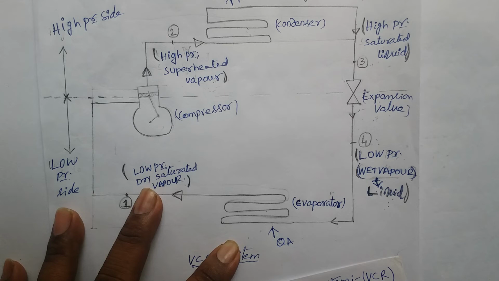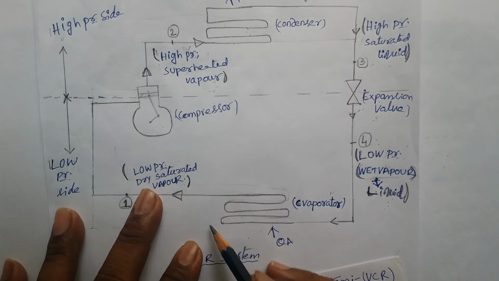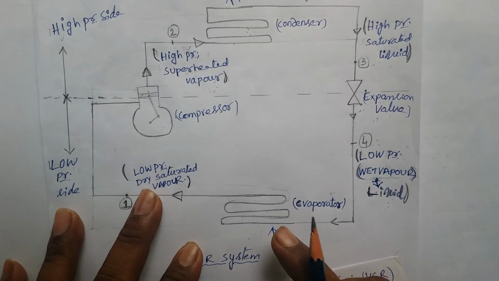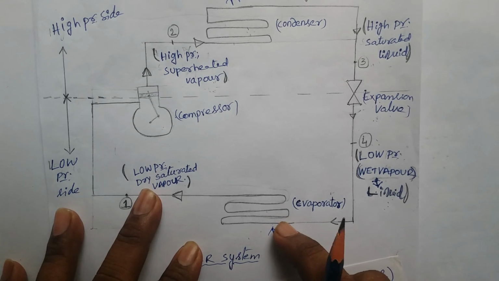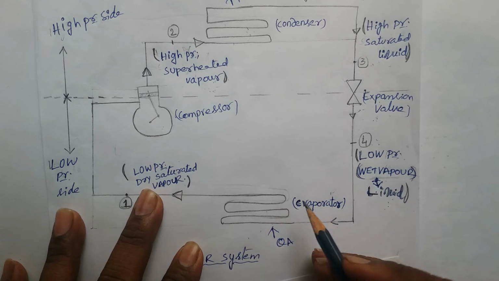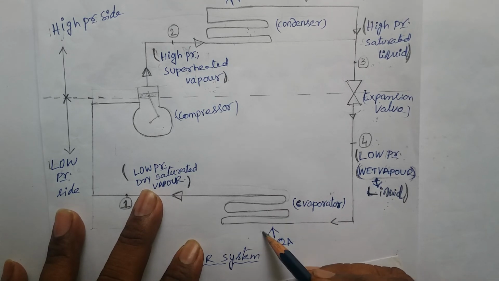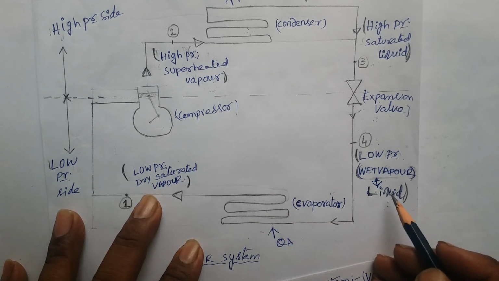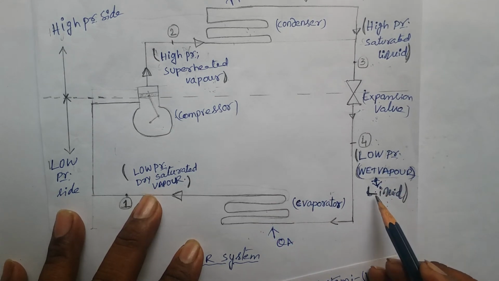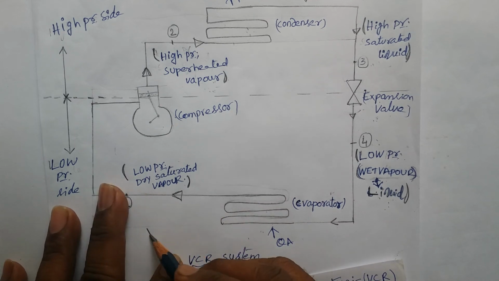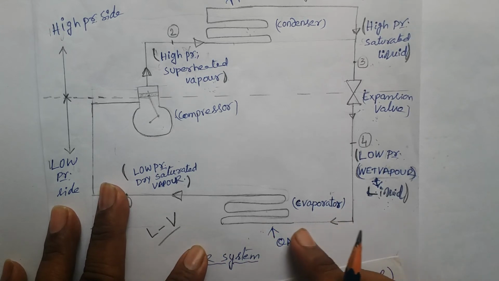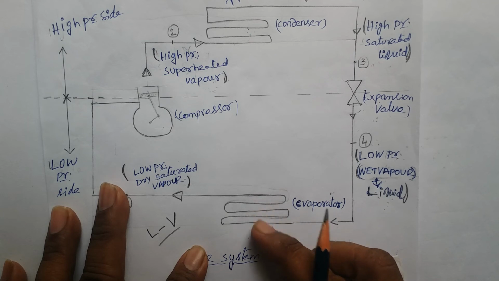Okay, where this liquid gains heat. The refrigerant gains heat, that means it absorbs heat from the refrigerator space. This is the refrigerator space. The refrigeration effect is produced here. The heat gained by the refrigerant is equivalent to latent heat, because the low pressure liquid is converted into vapor. So it is called the latent heat of vaporization.